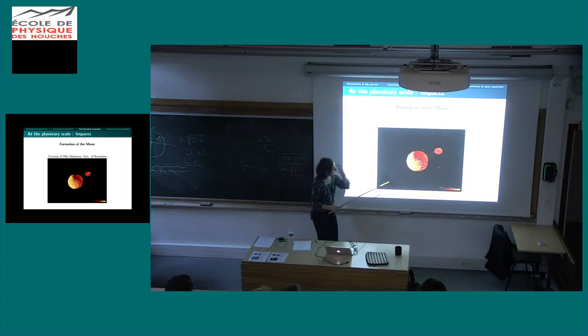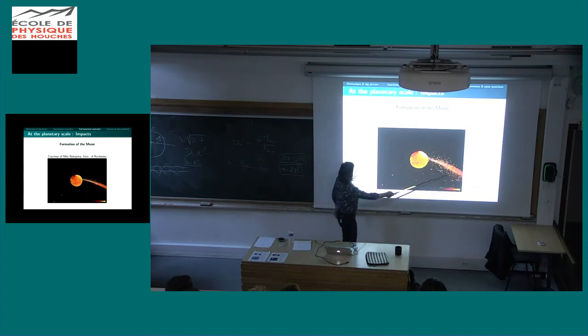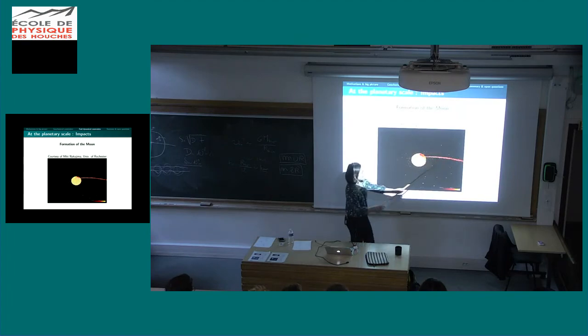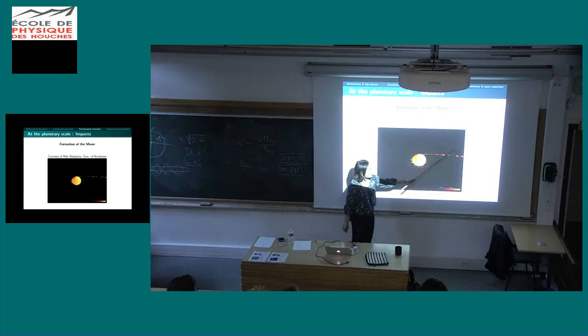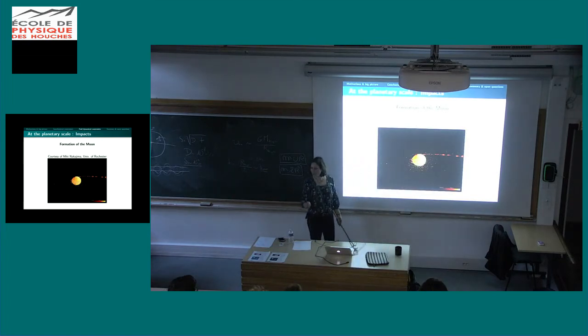Here you see the embryo that impacted the Earth. It re-impacted here, and you see that materials get ejected away from the Earth. If it's far away, it's out of the attraction of the Earth, and those materials will recoalesce to form the moon, but on a longer time scale. That's the idea.